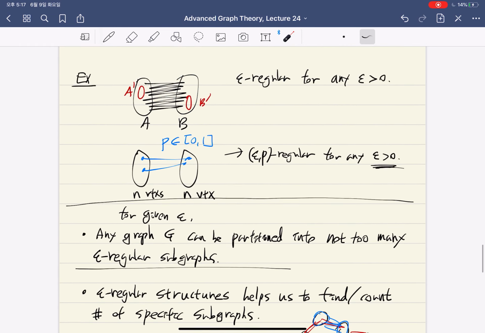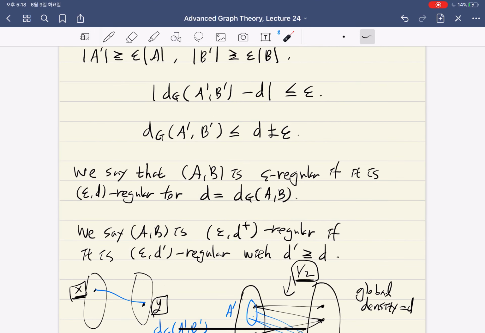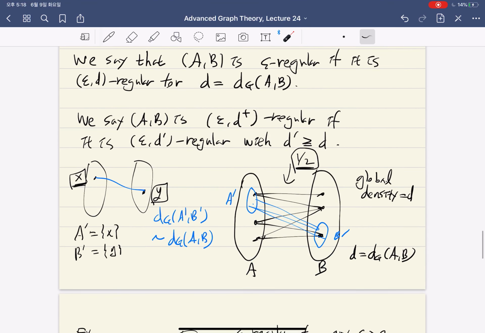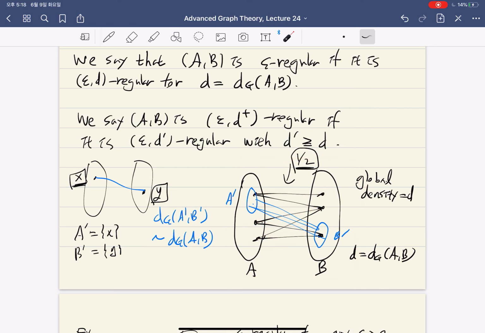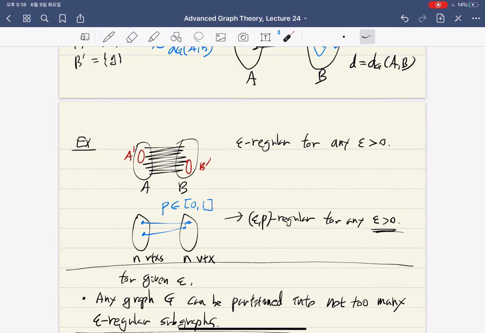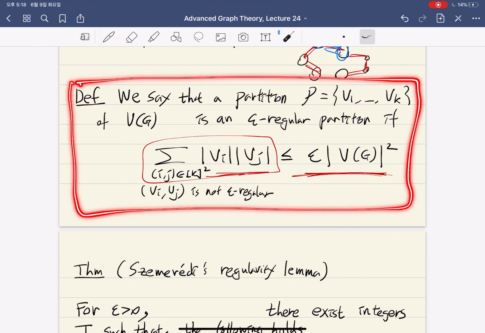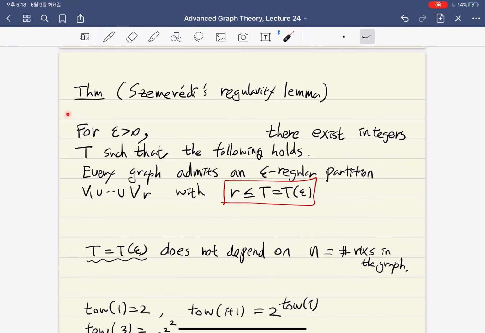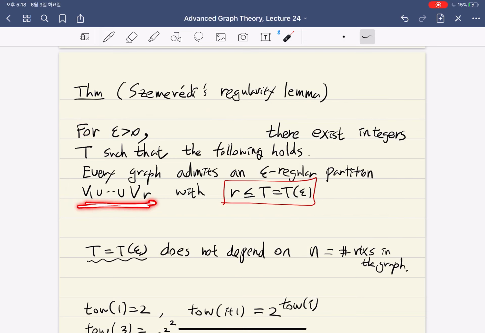But so far, what we have learned is that we have defined this concept of epsilon regularity, which says that somehow the edges are distributed in a uniform way. So the edge distributions here and here are somewhat similar. Also, we defined what it means for a partition to be an epsilon regular partition. And then we introduced this summarized regularity lemma. If you have a graph, you can always partition the vertices so that it admits an epsilon regular partition.